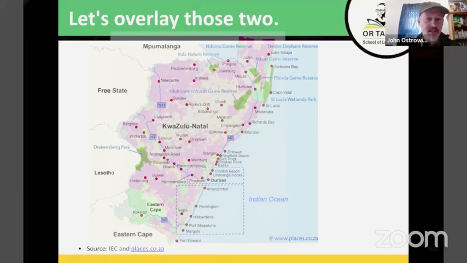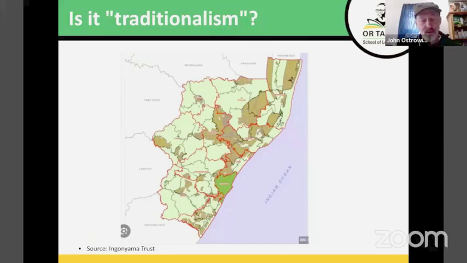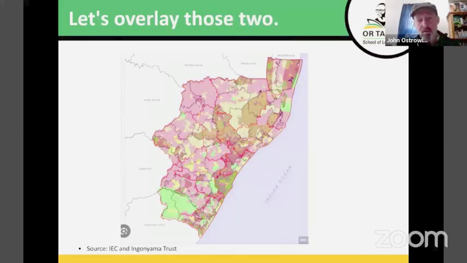So what this is telling us is white people mostly live in the cities, they vote DA, and vice versa. And then if we compare this to the map of the Ingonyama Trust, which is obviously your traditional lands, those correspond roughly to IFP. So if we overlay IFP and Ingonyama Trust, we see that there is a difference here, but you can see most of the IFP lands are inside Ingonyama Trust land.